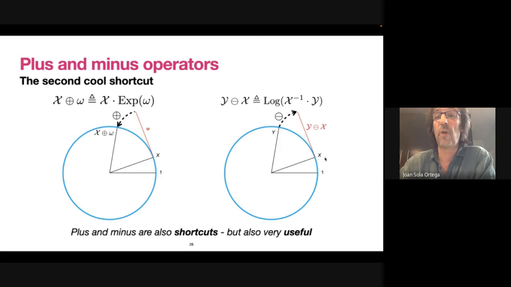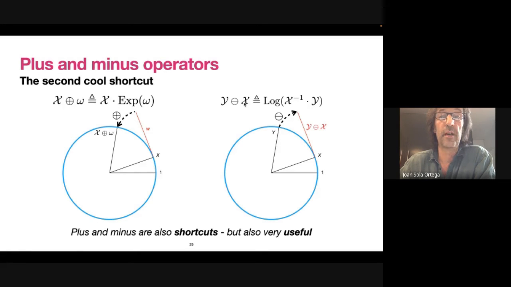So you do y minus x, and it's actually composing y times x inverse, or rather x inverse times y, and then doing the logarithm to go to the tangent space. So you do the logarithm of x inverse times y, and you get y minus x.